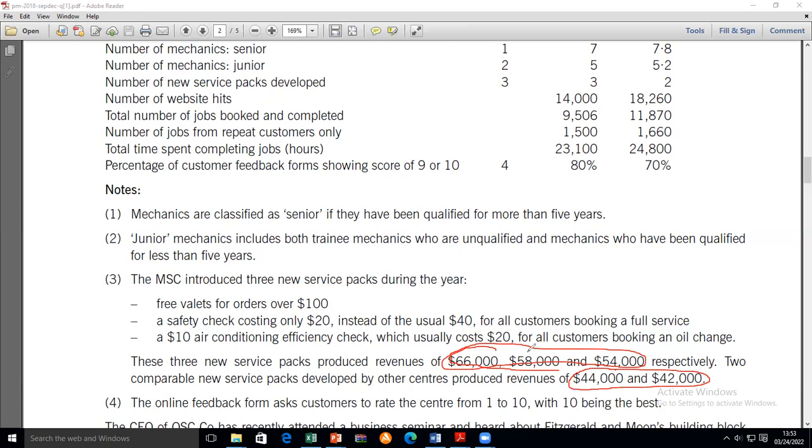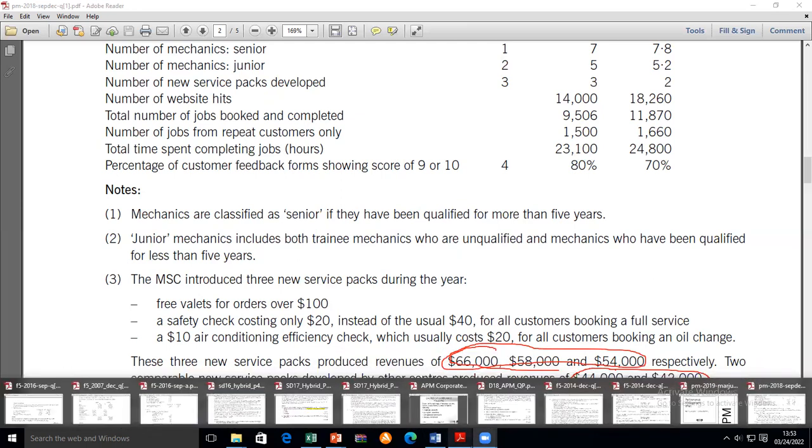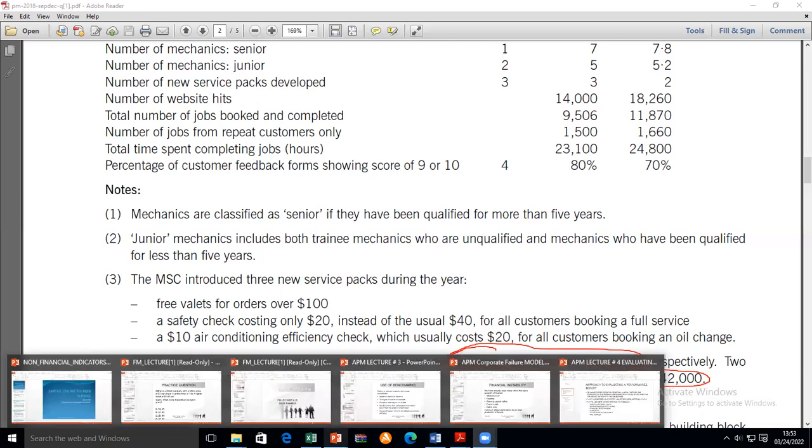You take this as a proportion of total revenue. Out of this revenue, how much has come from new products? That's a clear indicator of whether we are innovative or not. That is how we can tell the extent to which we are innovative.